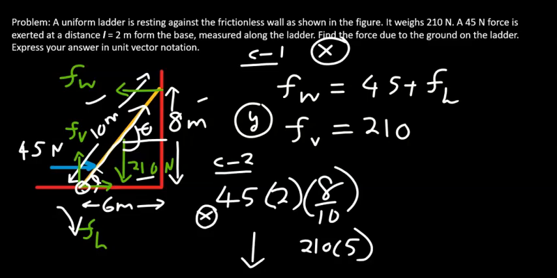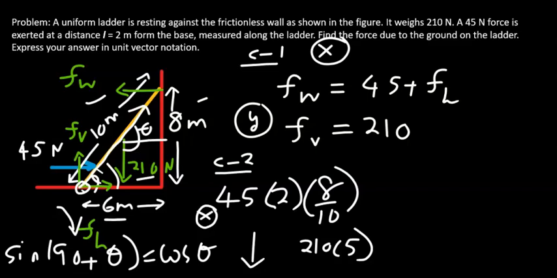Theta is the angle between the floor and the ladder. So sine of 90 plus theta is just cosine theta. Cosine theta is 6 over 10.